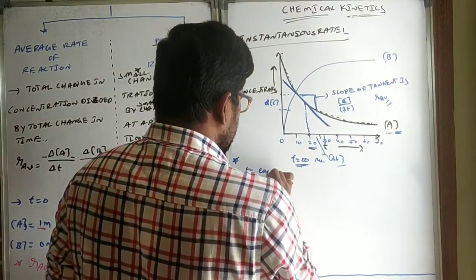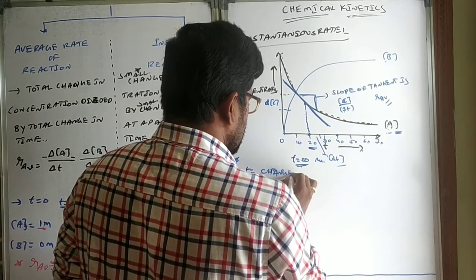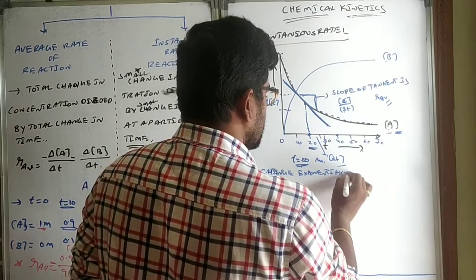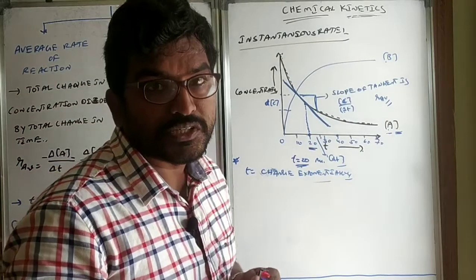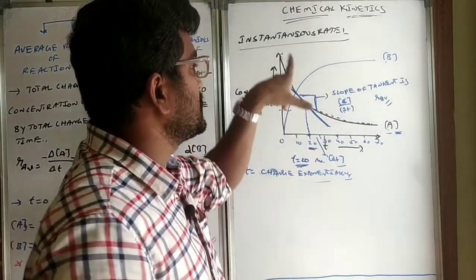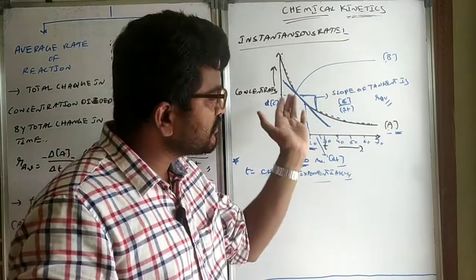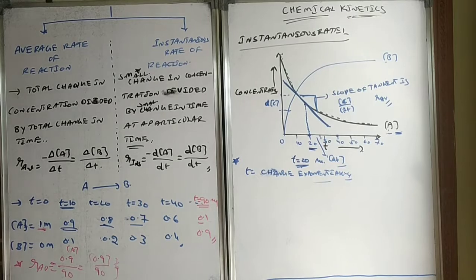Time changes exponentially, and hence the concentration also will be changing exponentially. Concentration change will be linear, but time change will be exponential, and hence the curve will be like this. For anything you take, the curve will be of this kind only. That is the thing regarding what is average rate of reaction and what is instantaneous rate of reaction.